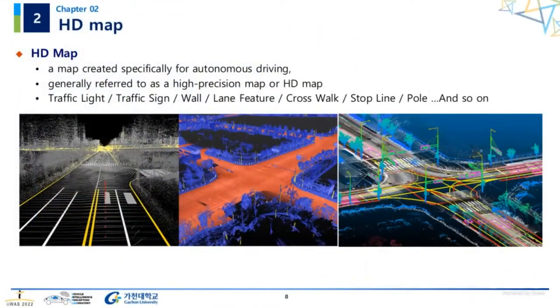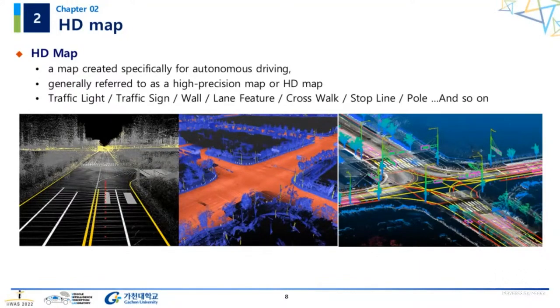First of all, let's look at the concept of the HD map used in autonomous driving. An HD map is a map specially designed for autonomous driving and is generally referred to as a high precision map. The high precision map includes not only lane level information such as the road center line and boundary line, but also information such as traffic lights, signals, curves, road marks, and barrier structures in 3D digital formats.